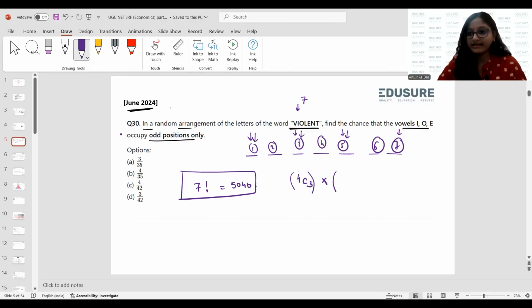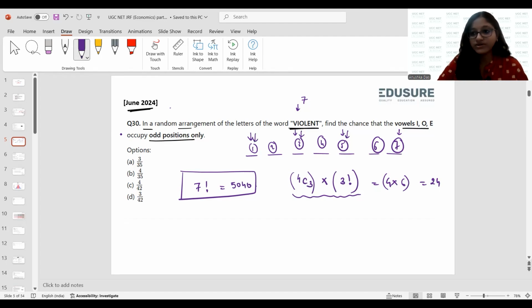Then in how many ways can you arrange I, O, and E, these 3 vowels, in these 3 positions? That can be simply done in 3 factorial ways. So this will be the total possible arrangement of the vowels only. See, this is 4 into 3 factorial, which is 6. So there are 24 ways in which you can arrange the vowels in the 4 odd places, right?